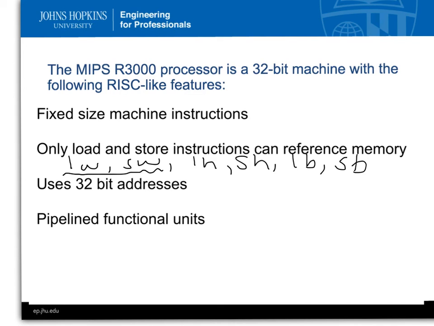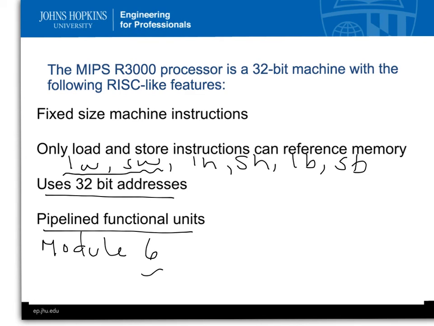Load takes data out of memory and puts it in the register file. Store takes data out of the register file and puts it in memory. The addresses are 32 bits. And we use pipelining, which I think is coming up in Module 6.